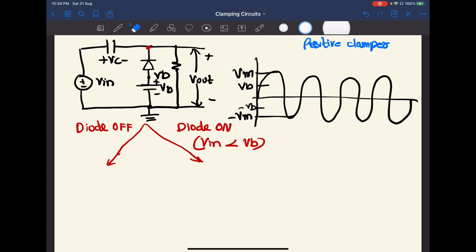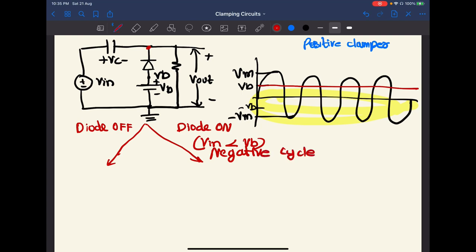In this graph, if it is less than VB, then in all this part the diode will be conducting. So we can say that the maximum value in the conducting part is on the negative side, so the capacitor will be charged during the negative cycle. Okay. Let's copy this circuit.